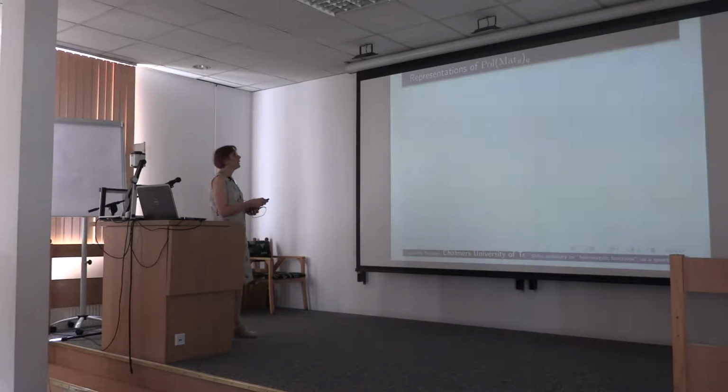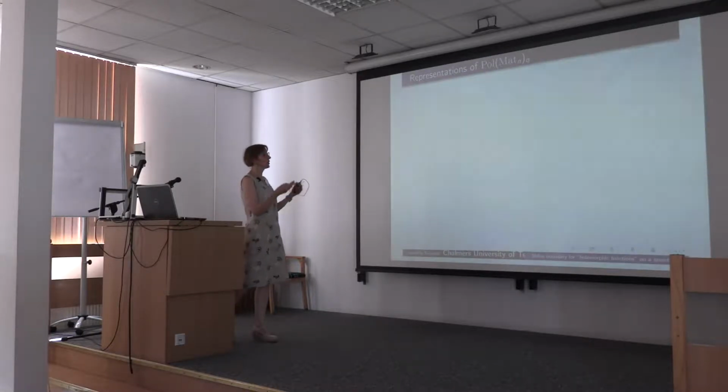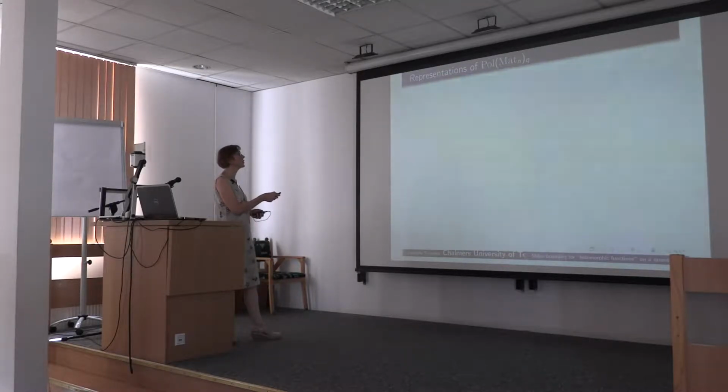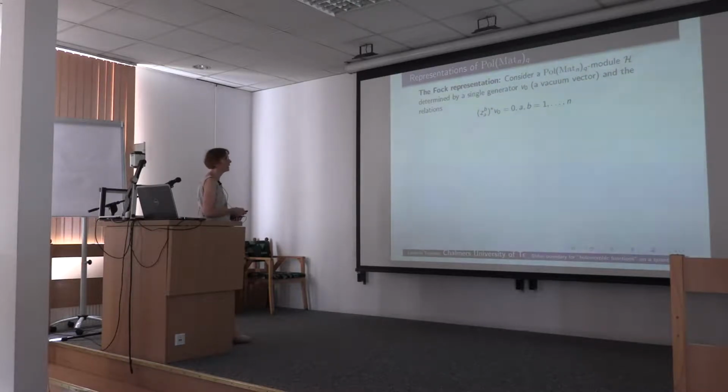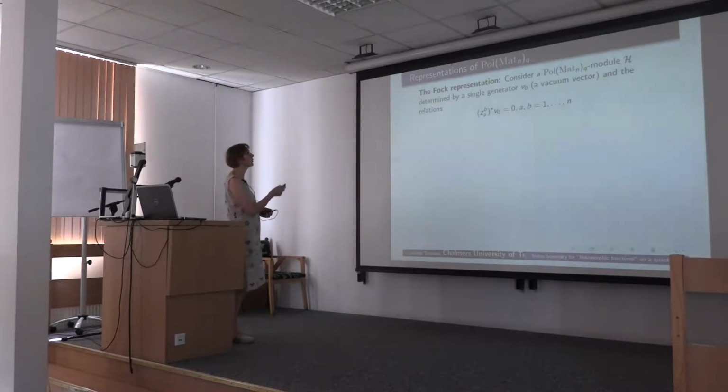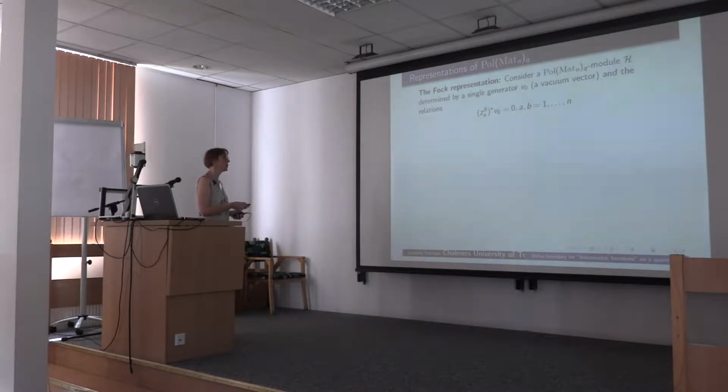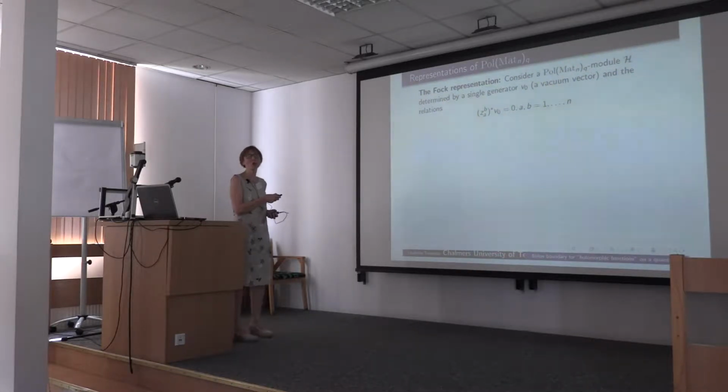In order to define a C-star algebra out of this algebra, I need some representation theory. There is a very special representation, which we call the Fock representation of this algebra.